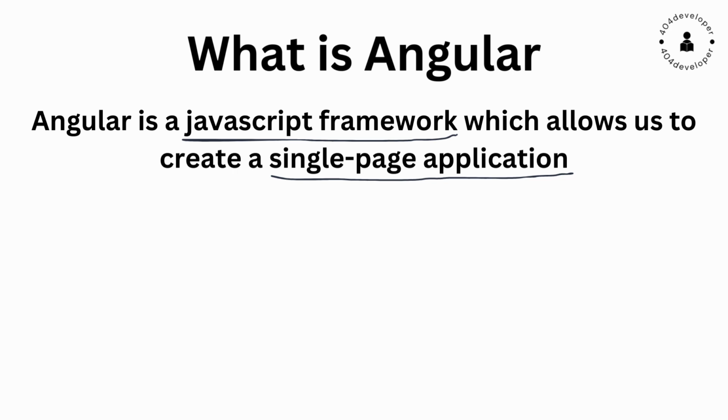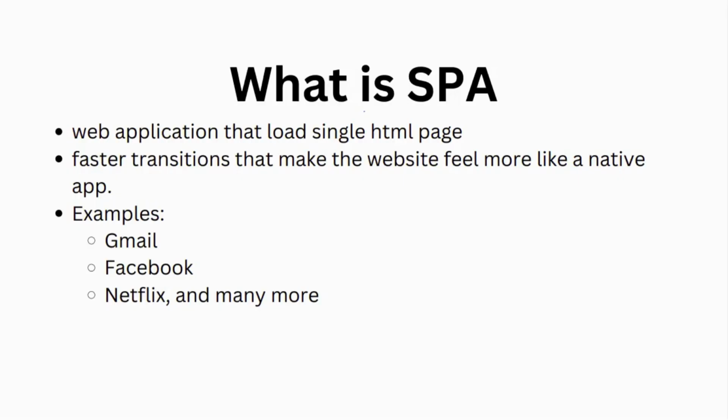A single page web application is a type of web application that interacts with the user by dynamically rewriting the current web page rather than loading an entire new page from the server. Now let's start. What is a single page application or SPA?